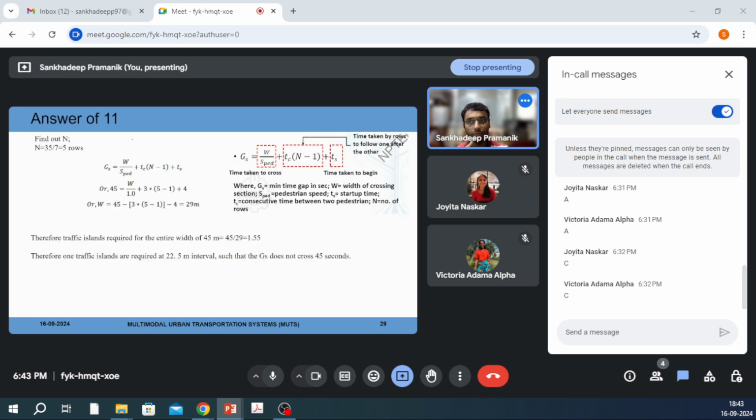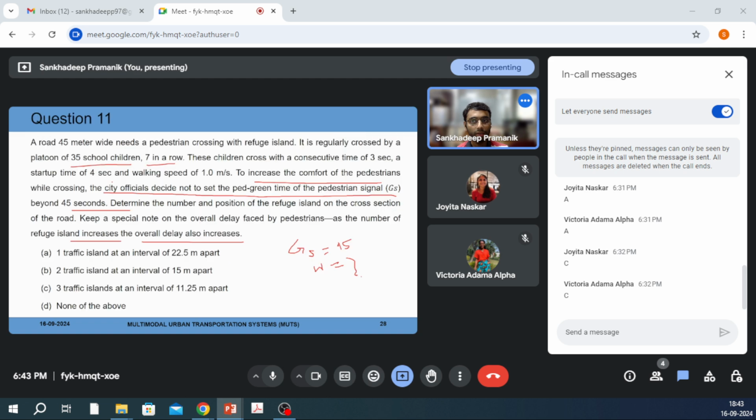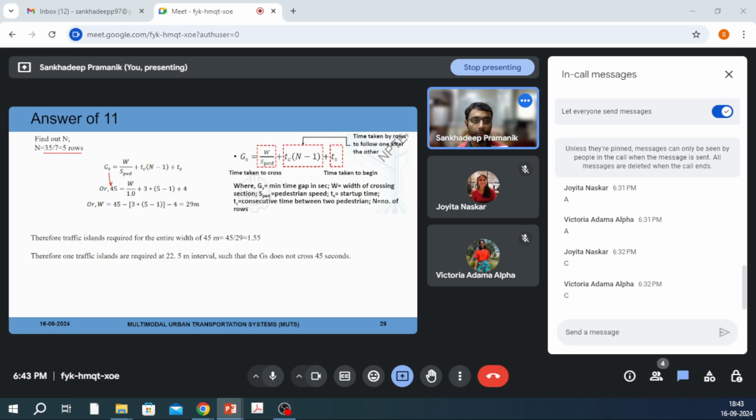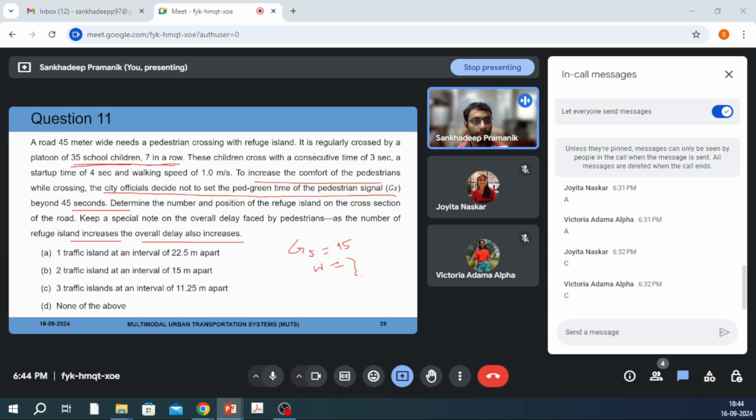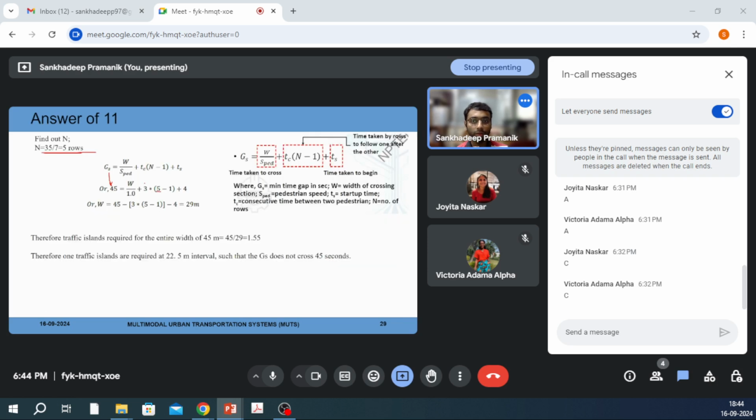So in this question, GS is given as 45, and here 35 school children are moving 7 in a row, so n will be 5 rows, that is number of rows 5. So n is 5 and the consecutive gap is given as 3 seconds. So this one is 3, and startup loss time is given 4 seconds, and speed is also given 1 meter per second.